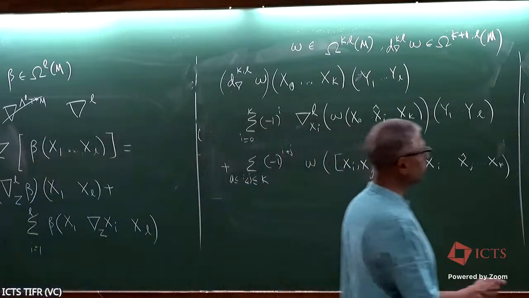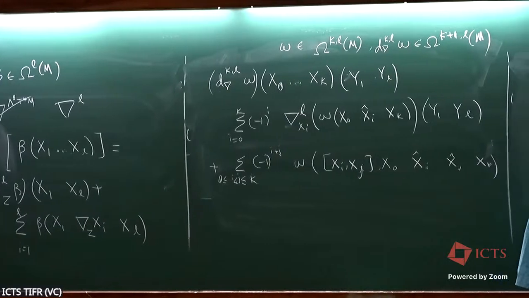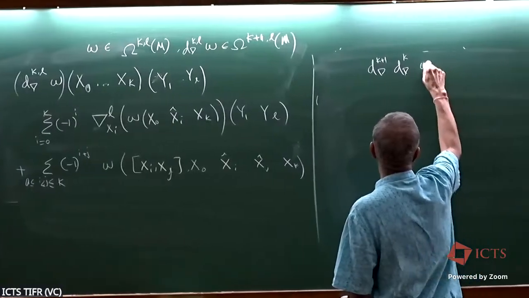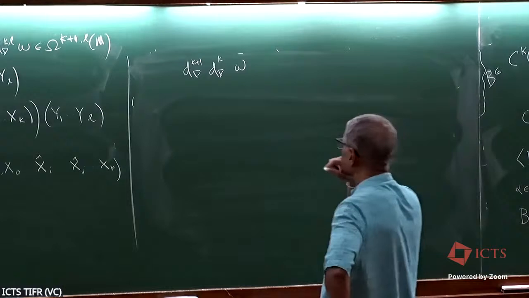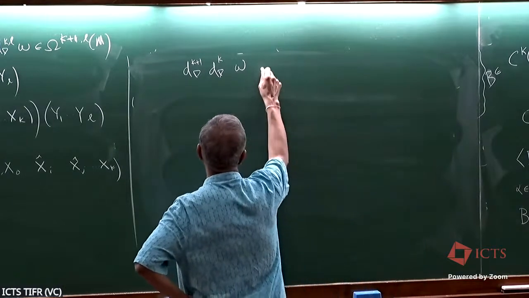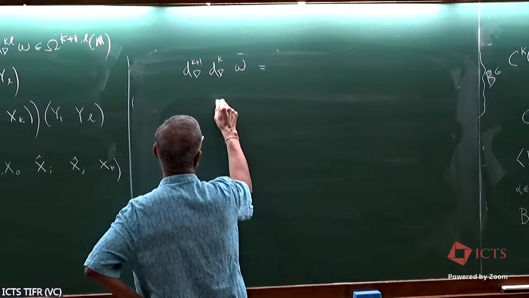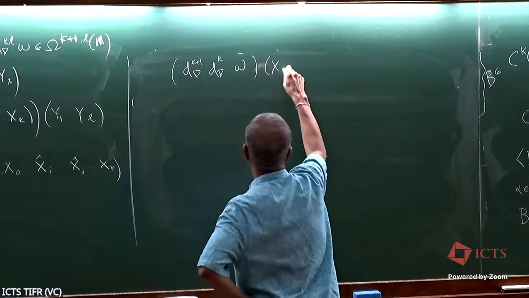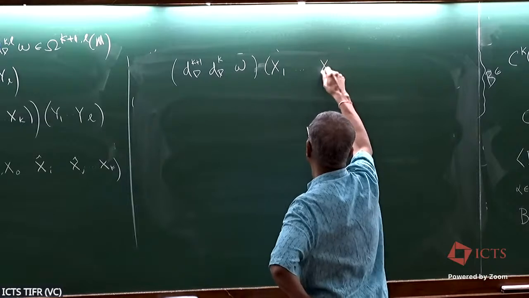So what happens if you do d nabla square? If you do d nabla of some k and k plus 1, then what you end up getting is something like, let's give it x1 to k plus 2, right?